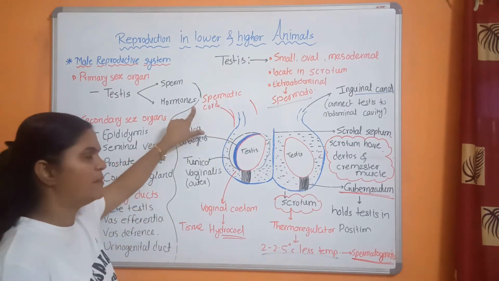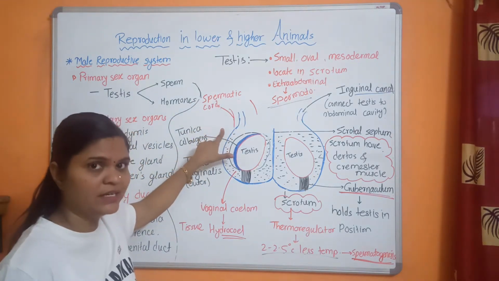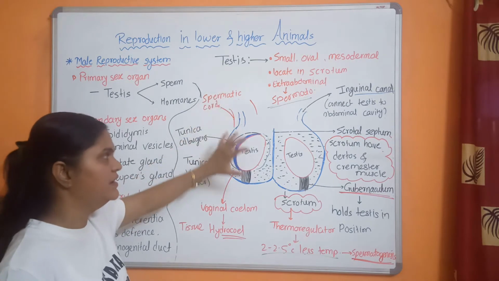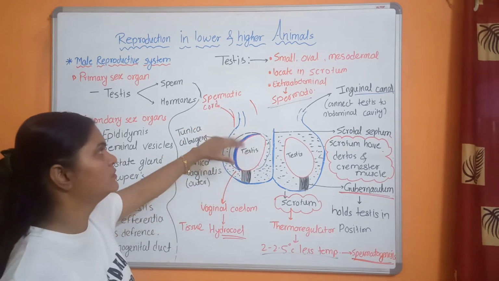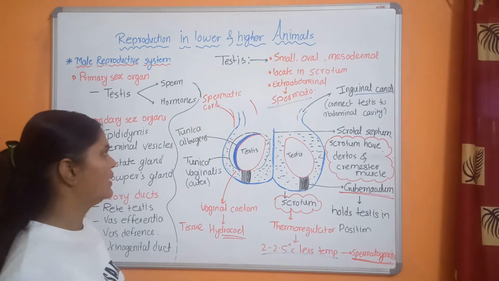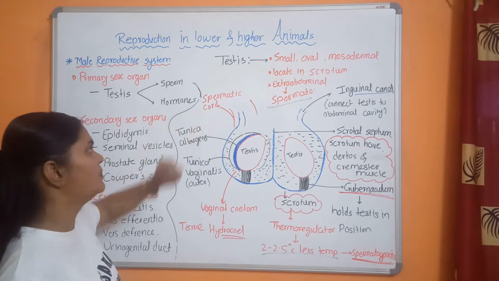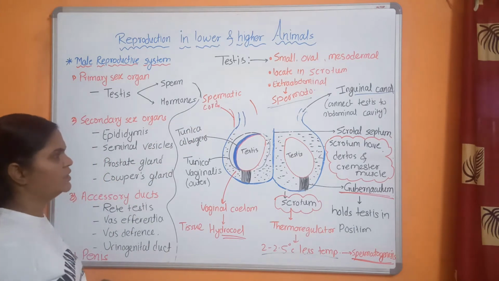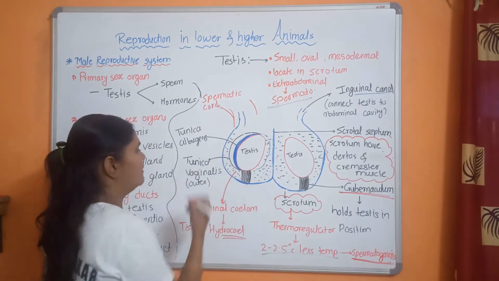The spermatic cord is a long, thick cord-like structure through which arteries enter the testes and veins leave from the testes. The vas deferens also leaves through the spermatic cord. Now the testes have two coverings.